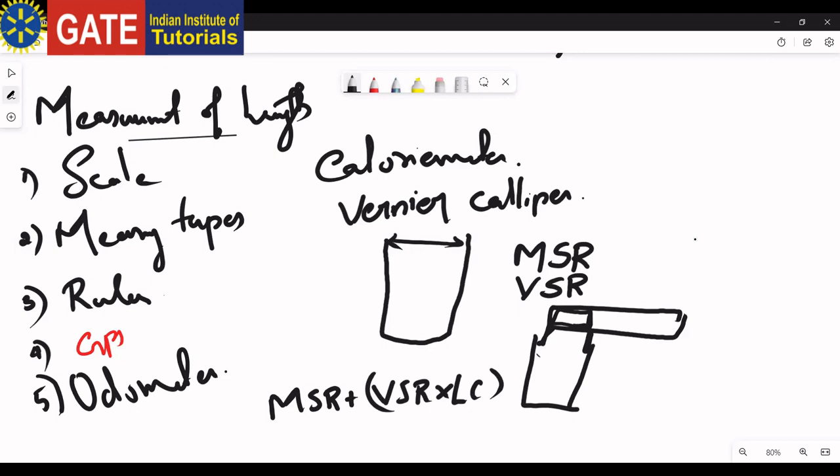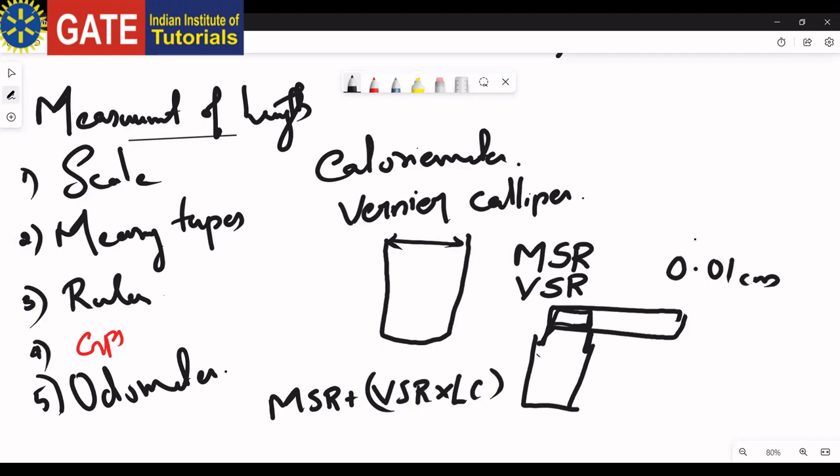If it is a vernier caliper, then its least count is 0.01 centimeter. It is centimeter. 0.01 centimeter will be the least count of the vernier caliper.